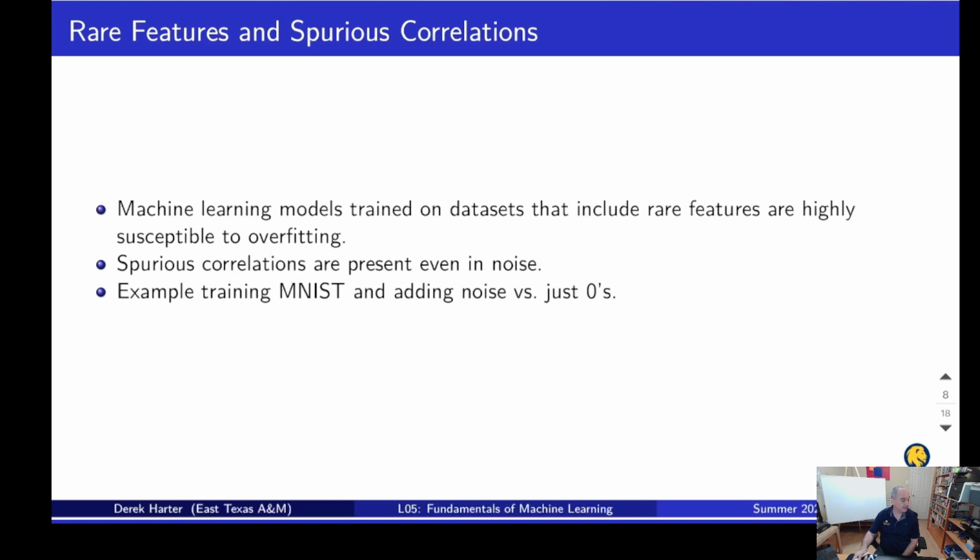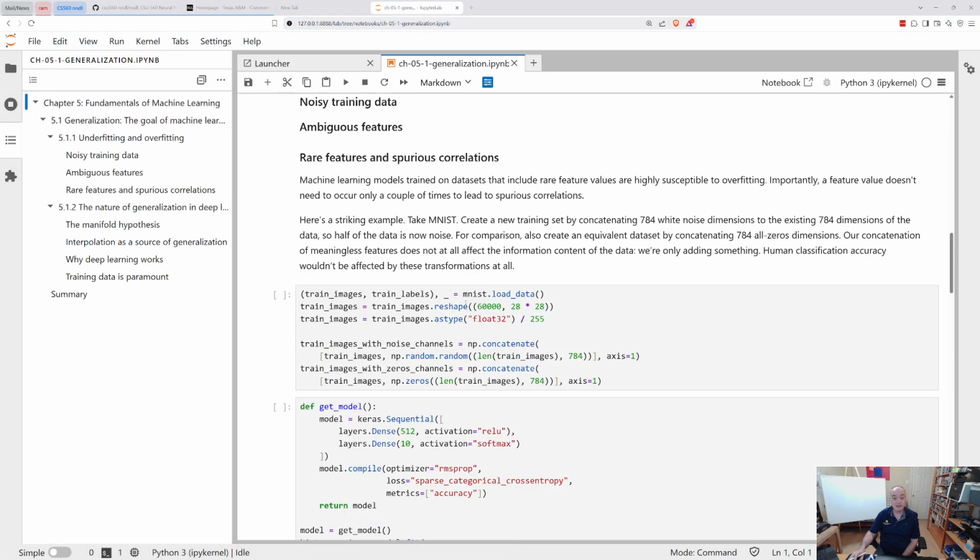In this case, we're going to use the MNIST data set that you should be familiar with, but in one case we're going to concatenate on just random noise, right? So we take the original 784 actual pixels and add another 784 additional with noise.